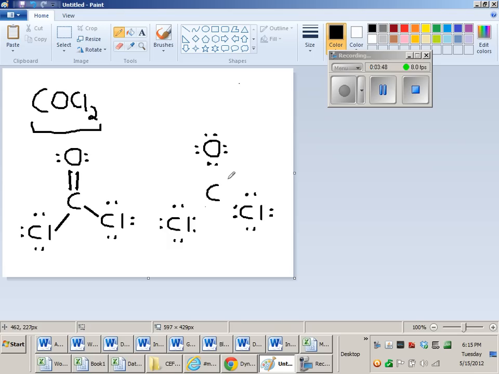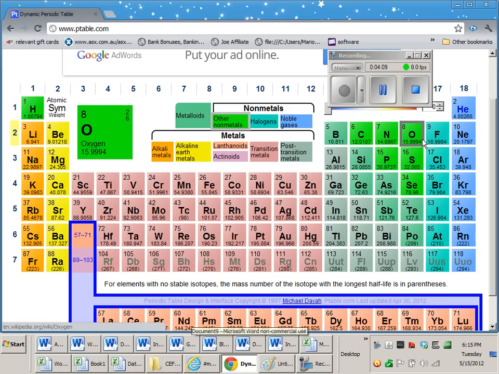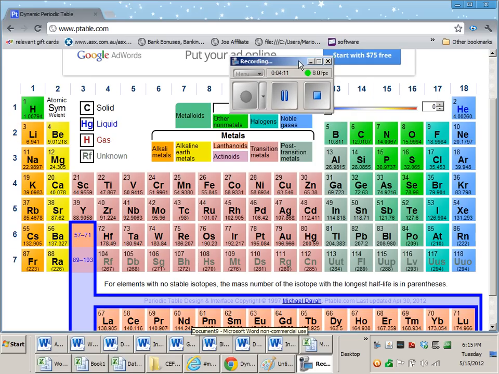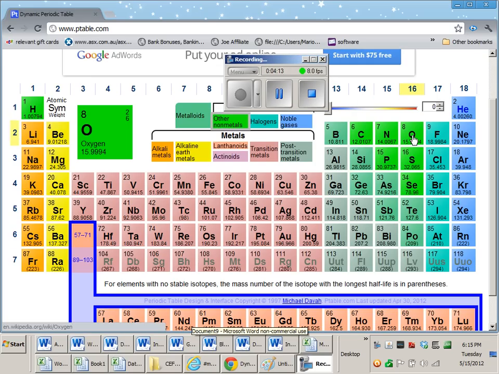So the charge on this oxygen is going to be a charge that you get from having 2 more electrons than you have around a neutral oxygen. So a neutral oxygen has 6 valence electrons, right? You can always check in the periodic table. It's in this column, so it's going to have 6 valence electrons.